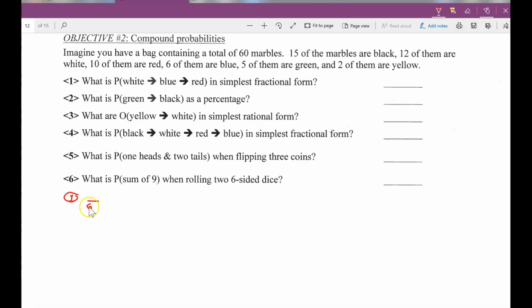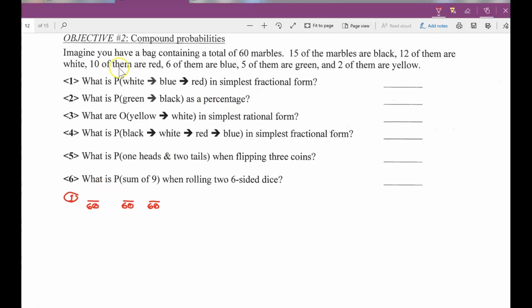The first time we pull a marble out and get a white, we'll have 60 marbles in the bag. And the second time we pull a marble out, and this time we want to get a blue, there will be 60 marbles in the bag. And the third time we want to pull a marble out and get a red, there's still 60 marbles, because every time we put the marble back in.